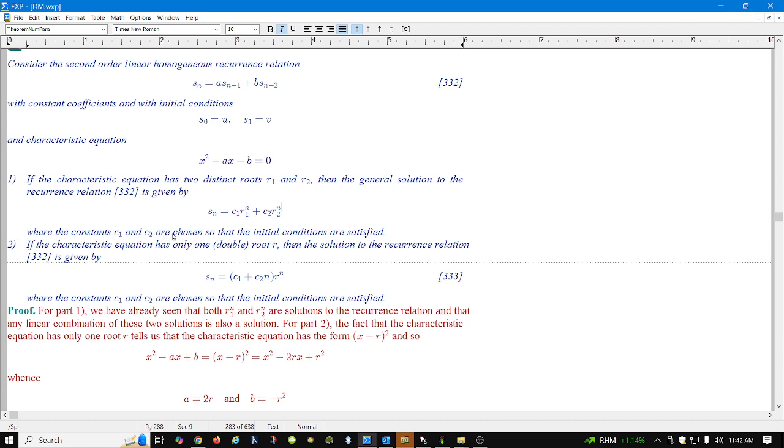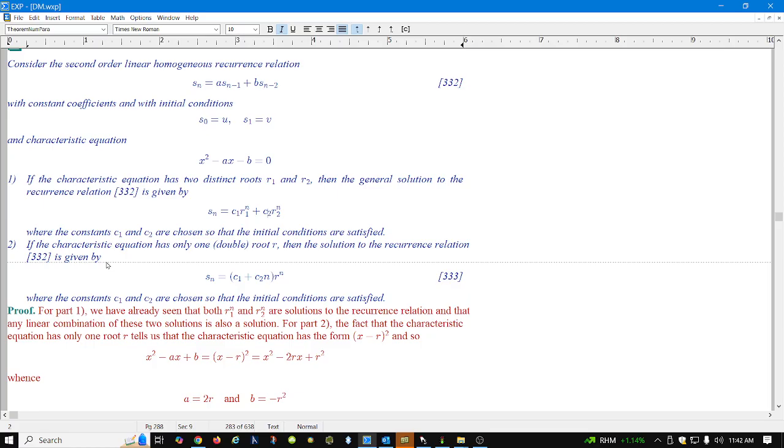C1 and C2 are constants which can be chosen any way you want. So we choose them to satisfy the two initial conditions. We have two requirements, so we need two parameters, C1 and C2, in order to make these conditions satisfied.